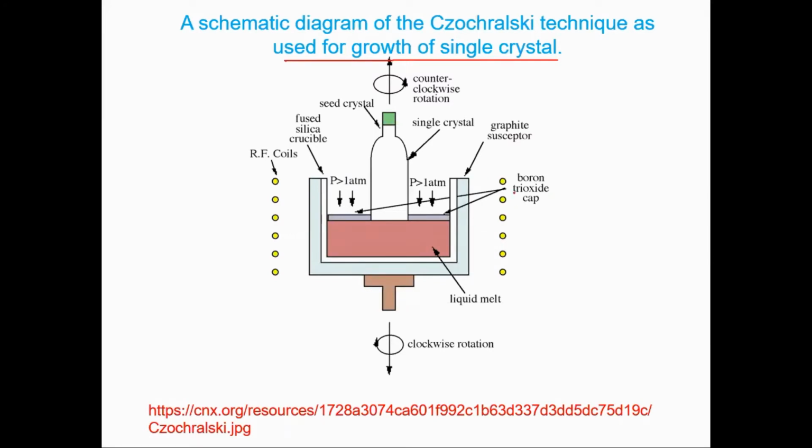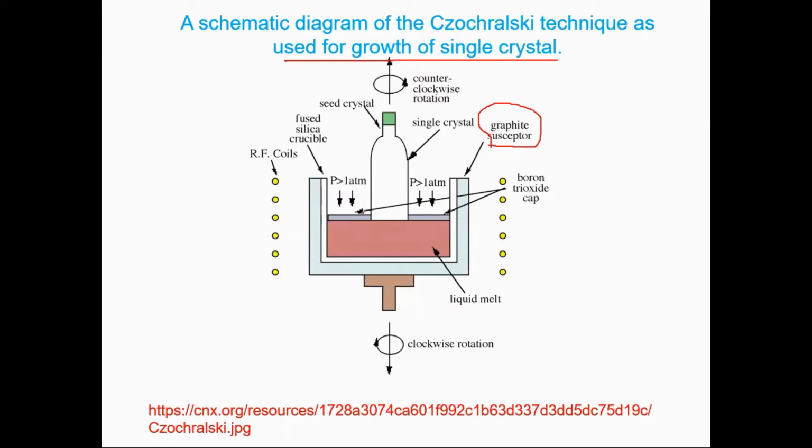Then this is the boron trioxide cap, which avoids anything reacting. Then you put a particular atmospheric pressure here. This is called the crucible. The graphite susceptor is a cross section in which everything is created.